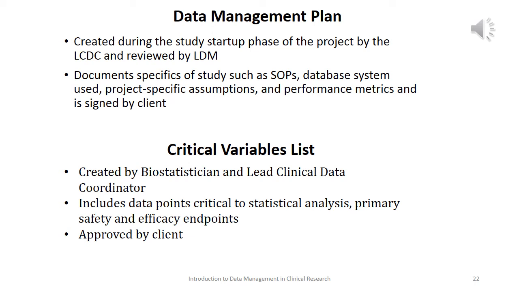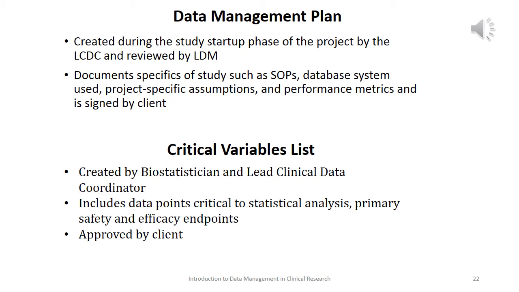It's going to document, as I said before, what SOPs are used, what database system is used, any project-specific assumptions, and if we're with a CRO, this would be a document that would be signed off on by our clients, so they would have input in that, and then they would agree that it's ready to be deployed.